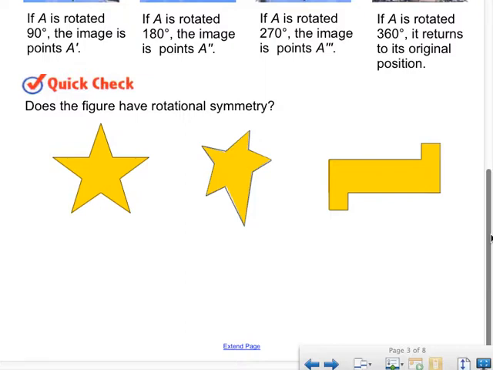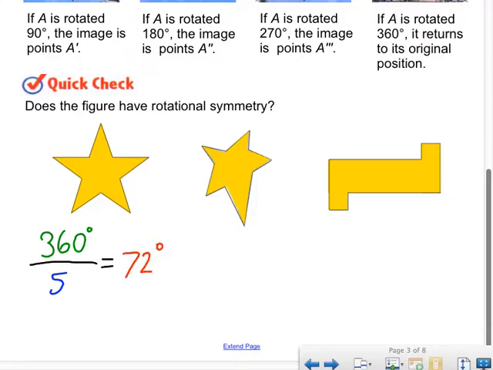So since you rotate 5, multiply 360 by 5. There are 5 positions, and we know for a full rotation it's 360 degrees, right? So if I divide that by the number of positions that look like the original, 5, I'll get the degree of each turn that makes it look like the original, which is what? 72 degrees.